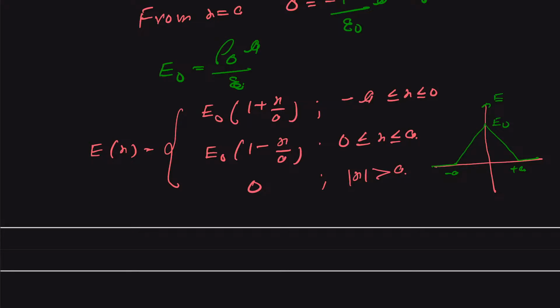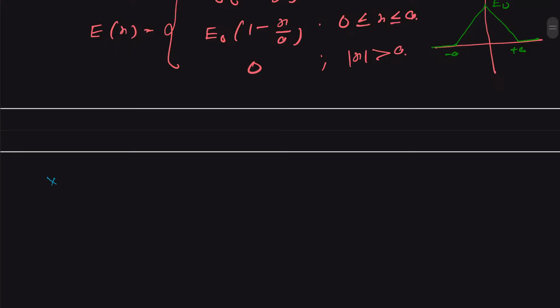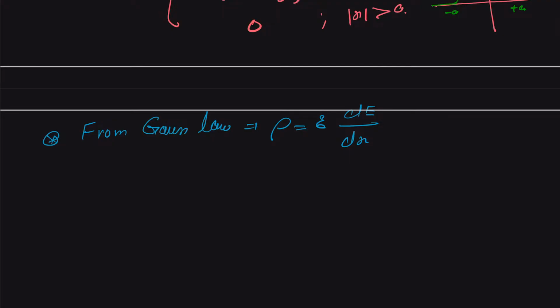Now let us find out our charge density, and for that we can easily use Gauss law. So from Gauss law, our charge density is equal to epsilon naught times the derivative of electric field, and with respect to each region we are simply going to differentiate it.